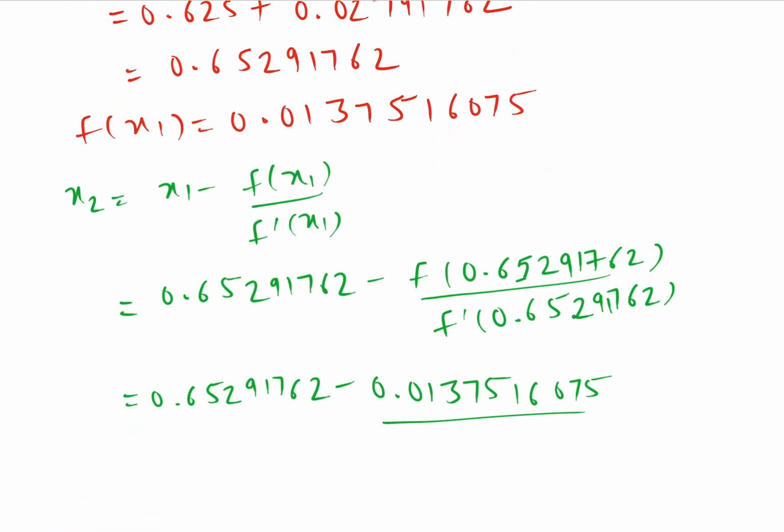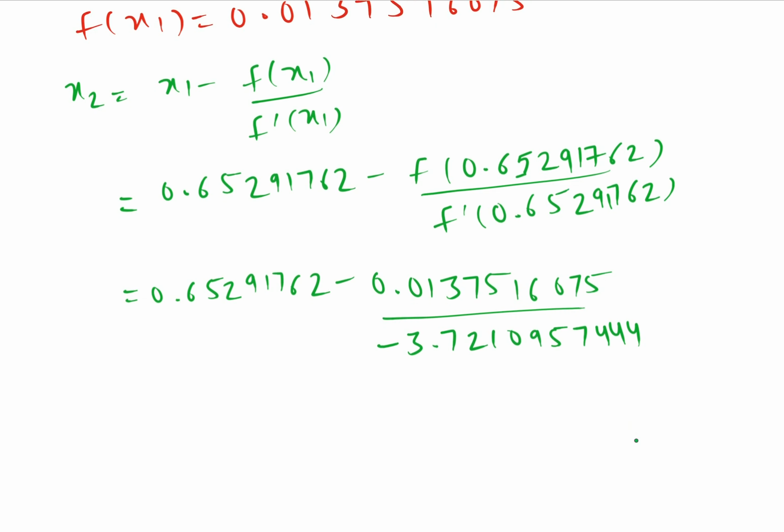So this becomes minus 3.721095744. So 0.013751675 divided by 3.721095744.